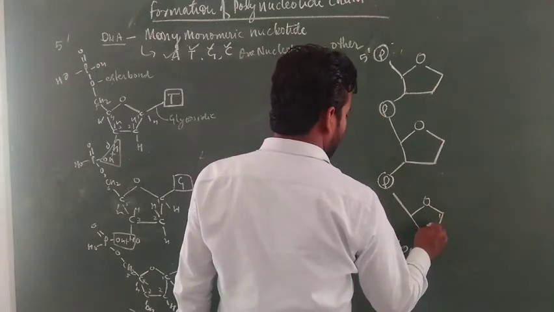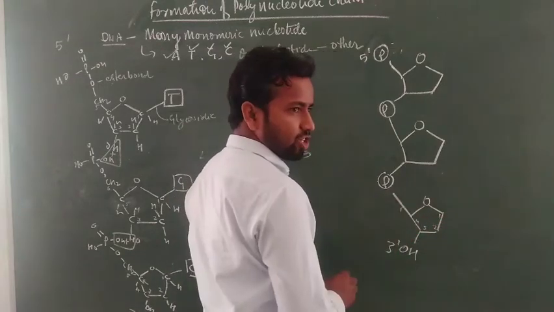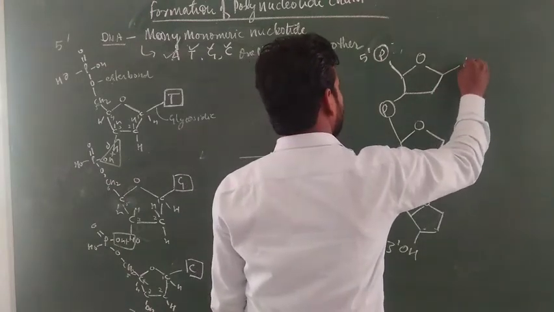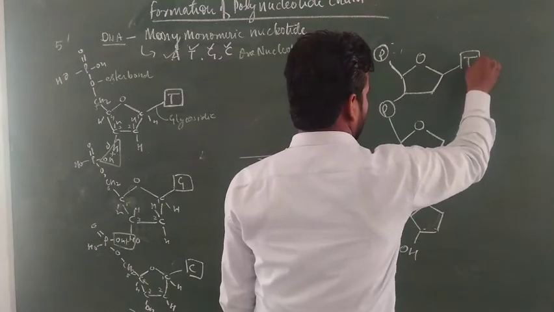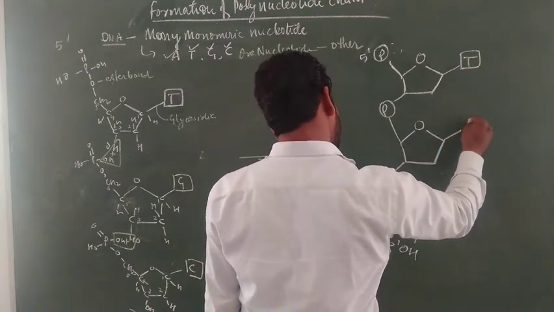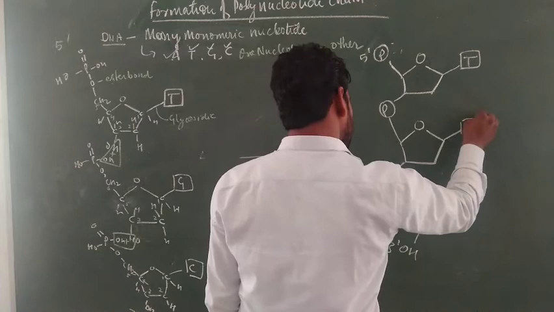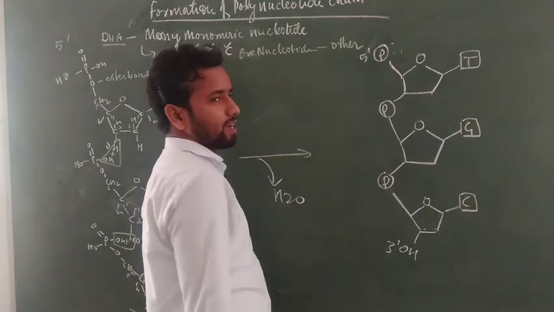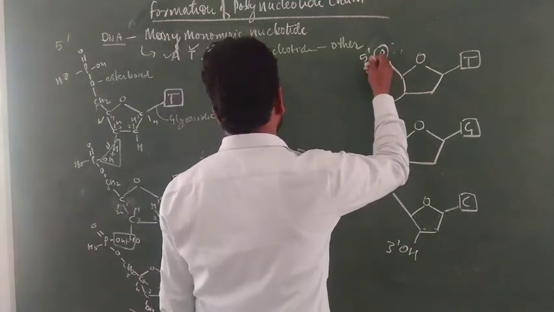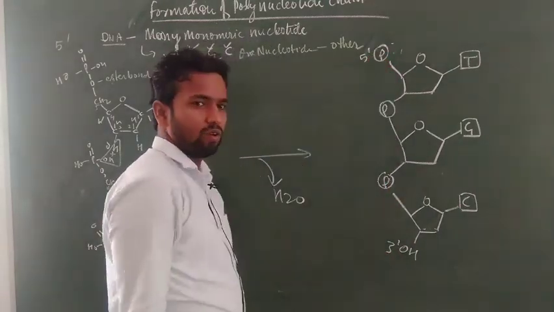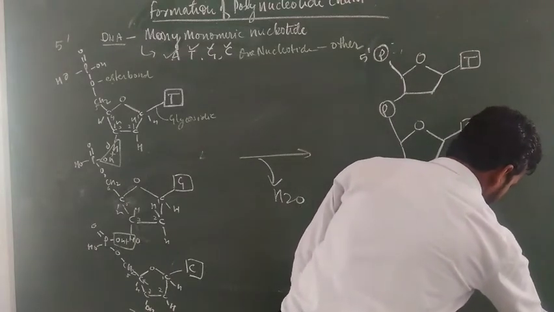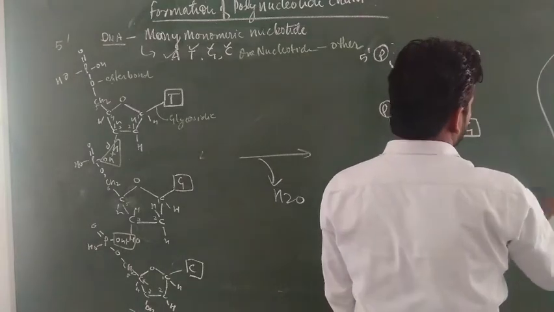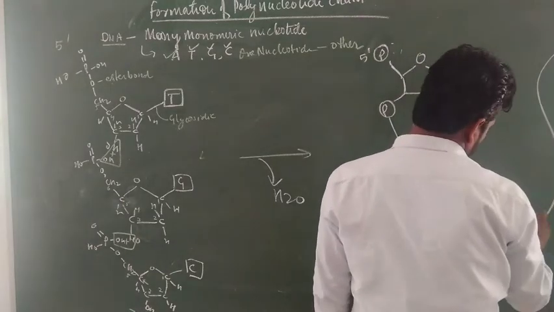You can count the 3rd, 4th, 5th carbon. Here you can see the different positions, and here the different nitrogenous bases are attached. They are called T, G, C. These are different nucleotides. At position 5' is phosphate, 3' is OH. And if you want to prepare this diagram, 5', 3'.